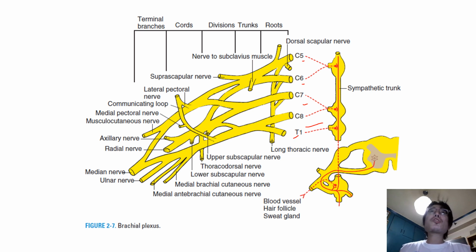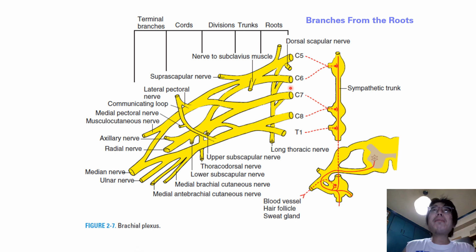The brachial plexus has roots that pass between the scalenus anterior and the medius muscles. The brachial plexus is enclosed together with the axillary artery and vein in the axillary sheath, which is formed by a prolongation of the prevertebral fascia. And these are the following subdivisions of the brachial plexus.